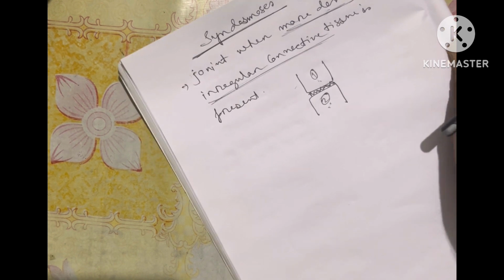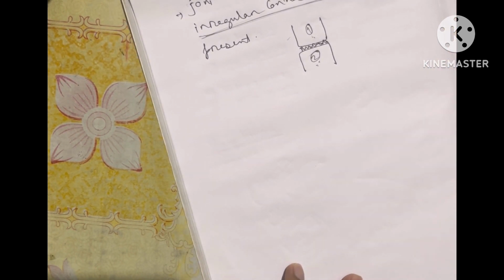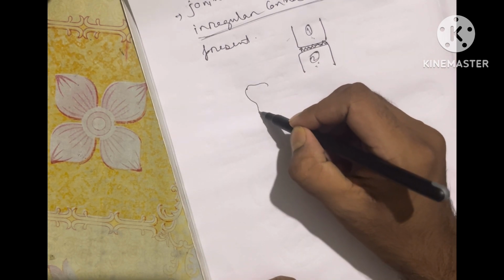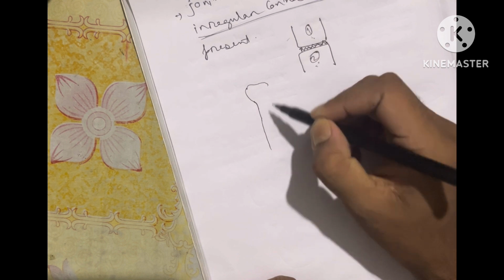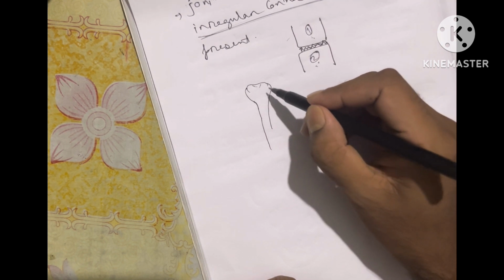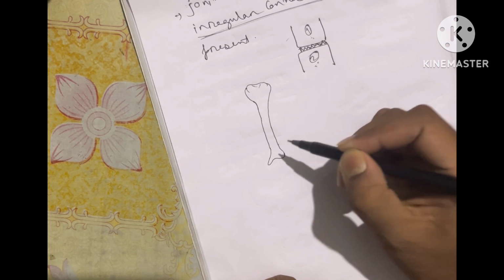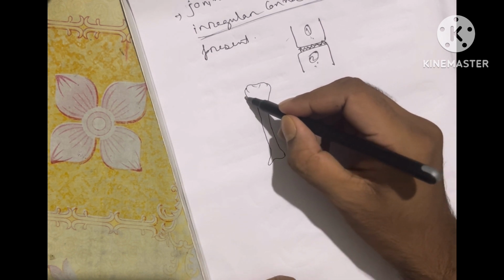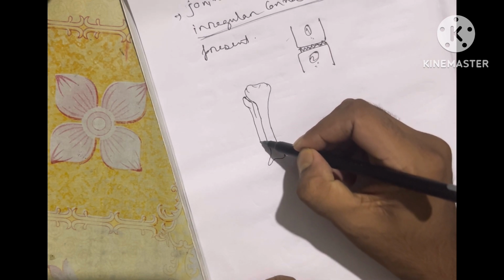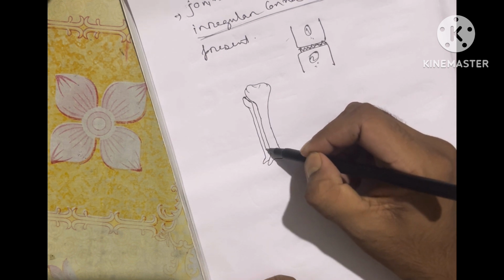If we go for the detailed anatomy of where we can find this kind of joint, one example is your tibiofibular joint. For example, this is your tibia, and our fibula is present almost like this. So this is our fibula.